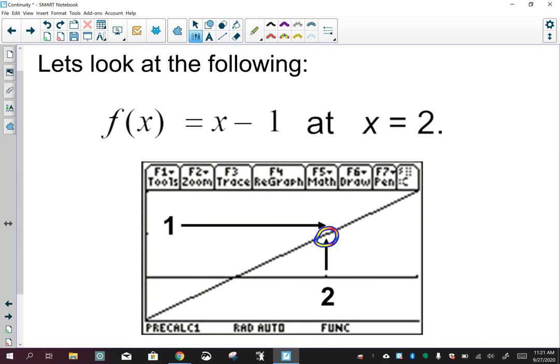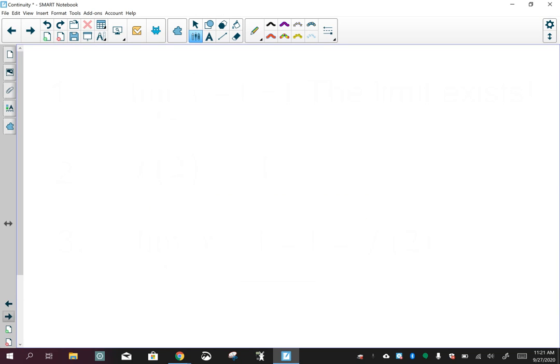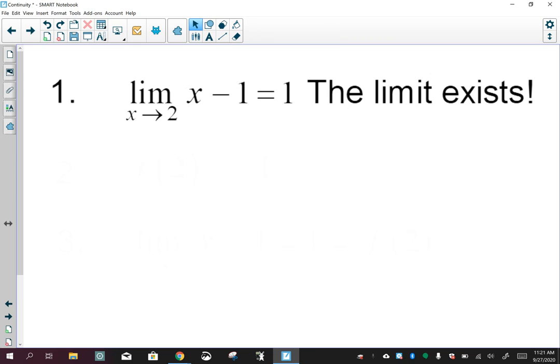So what I want to do is apply our continuity test. First, does my limit exist? Well, the answer is yes, because I'm approaching the same value from both sides. Then number 2, am I defined at that value? When I plug in my 2, do I get a value back?